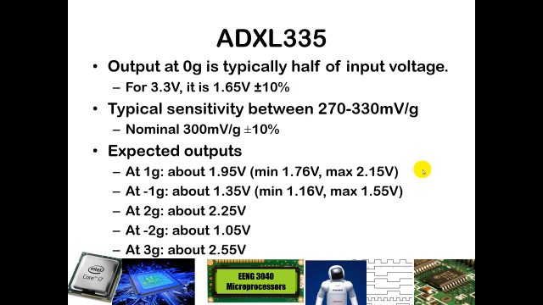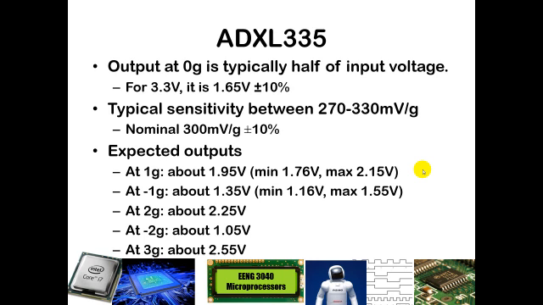So with the 10% tolerance accounted for, it will add or subtract between 270 and 330 millivolts for every G that it experiences. So if we are looking at something at 1G, then nominally we would expect 1.95 volts. That is the 1.65 for the 0G condition plus the 300 millivolts for the 1G of experienced acceleration.